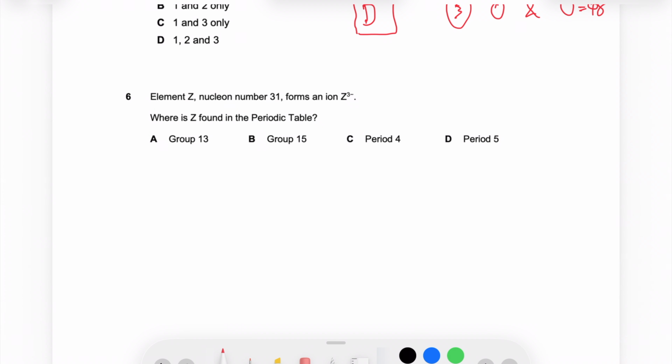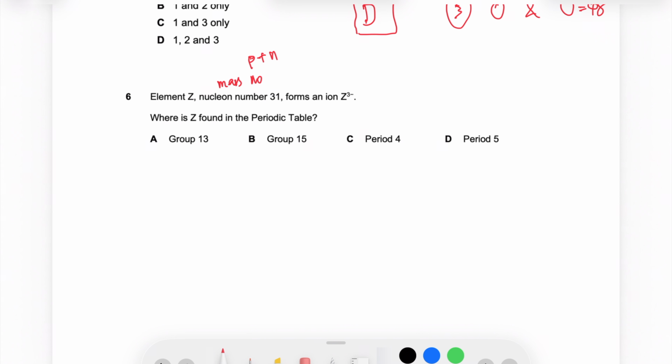Moving on, question 6. Nucleon number is 31. Forms an ion of Z3 minus. Nucleon number basically means mass number, the number of protons plus neutrons. So if it's Z3 minus, let's look at the periodic table.